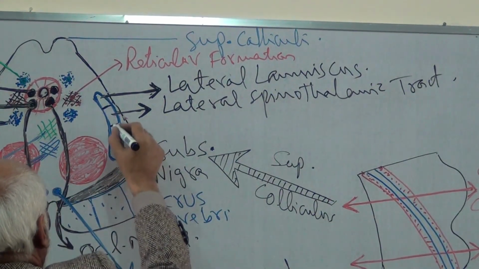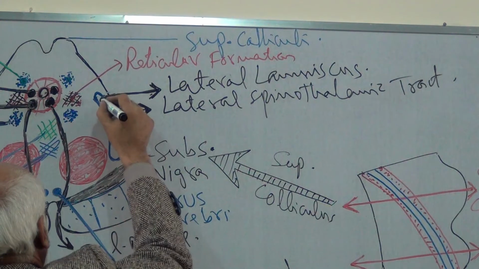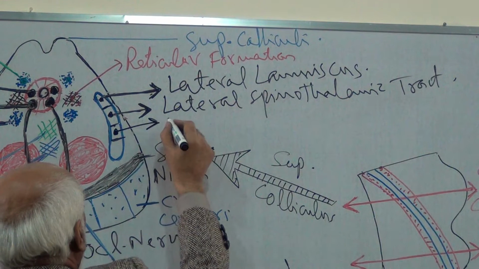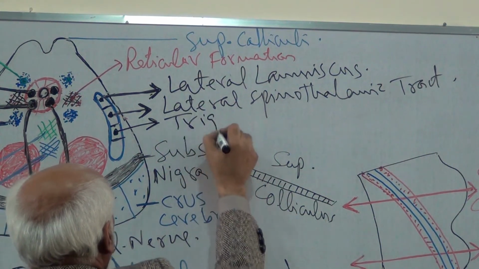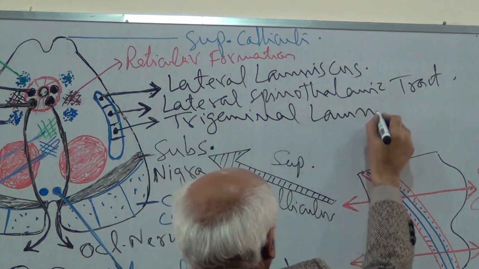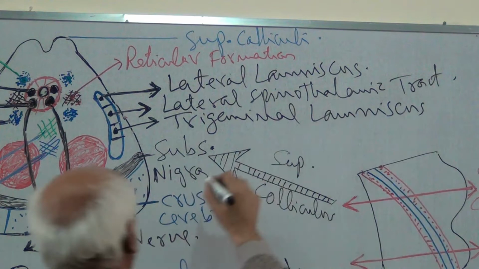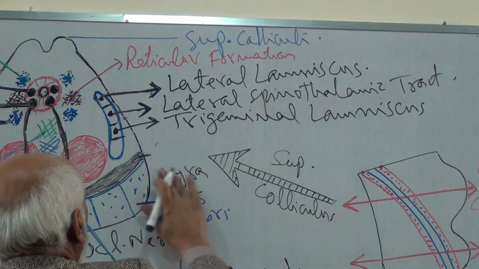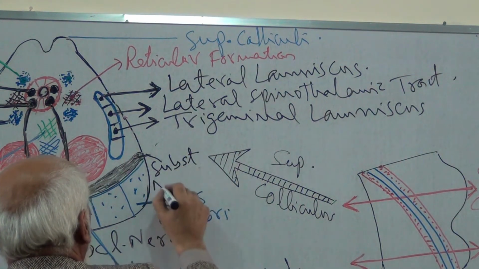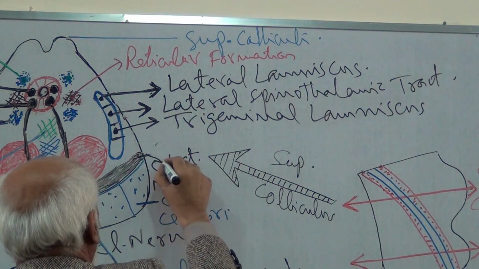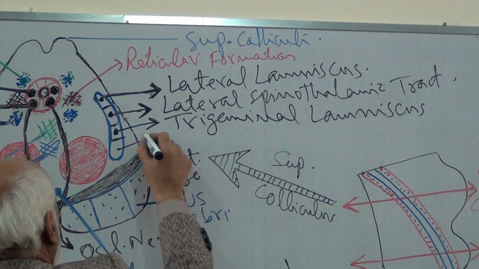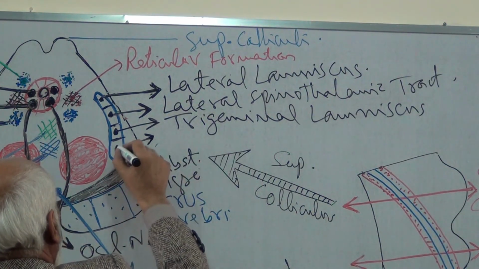And next to it is the trigeminal lemniscus. This last one is known as the medial lemniscus.